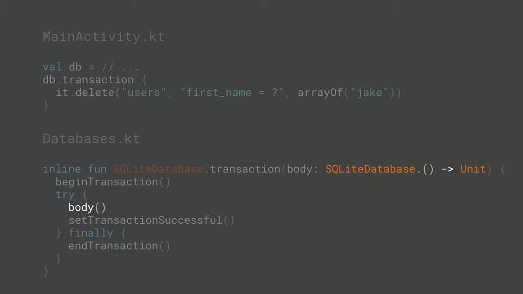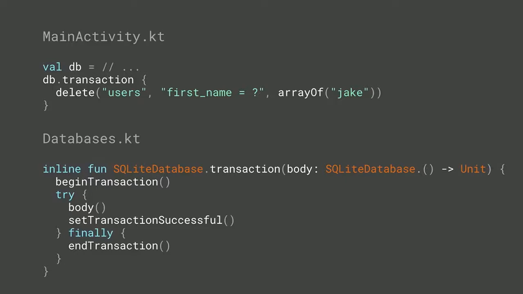This means that the body inside the lambda is going to execute as if it was a method on SQLite database. And as such, we can call methods without having to qualify them with any reference. So now our call site only mentions the database once, and then we can just call the methods for performing inserts, updates, and deletes without having to qualify them with the database reference.